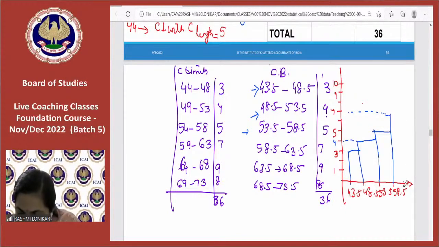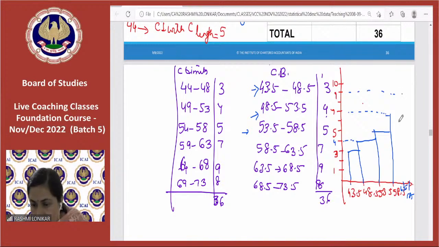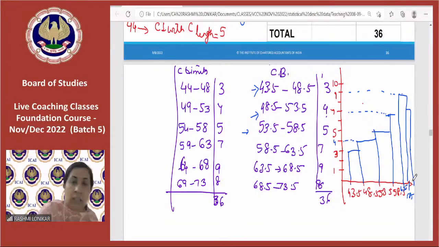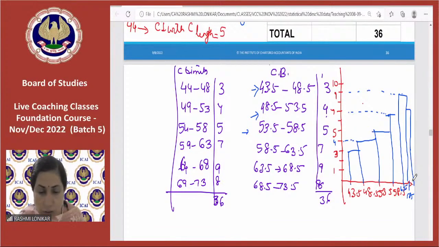Then 63.5 to 68.5, it is 9. Like this. Then next will be like this. And after that, it will be 8. So that is the histogram of the frequency distribution that you had.